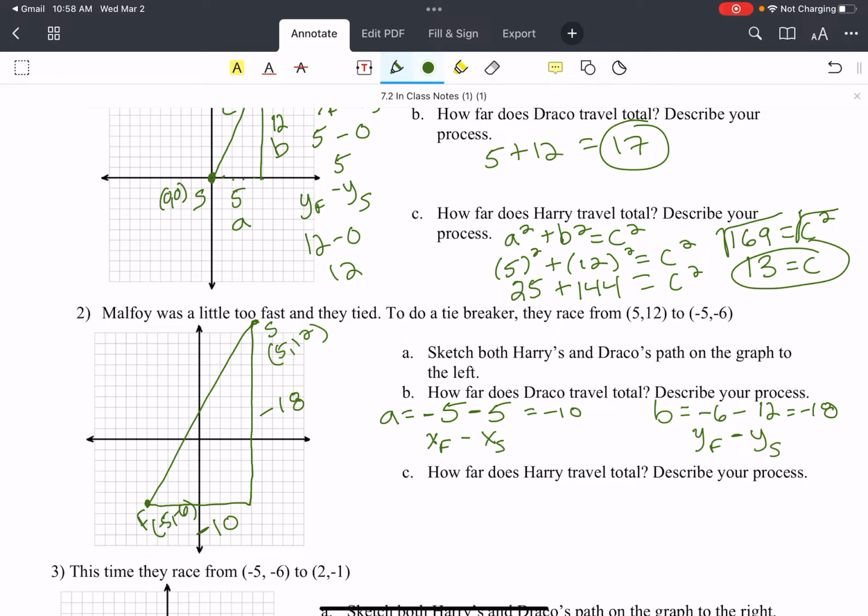So in order to find Harry's, when I do my Pythagorean theorem, I'm going to take my -10 squared, A squared, plus B squared equals my C squared.